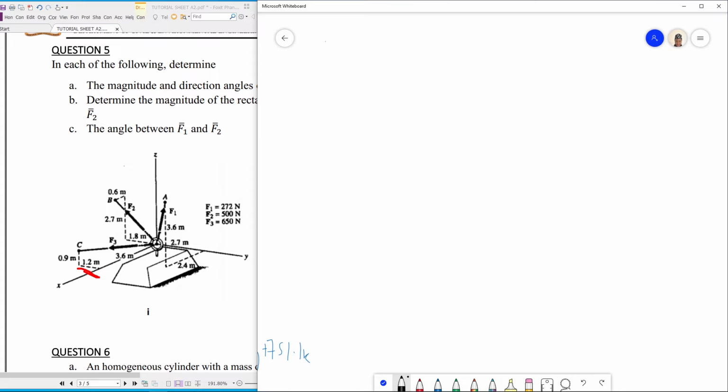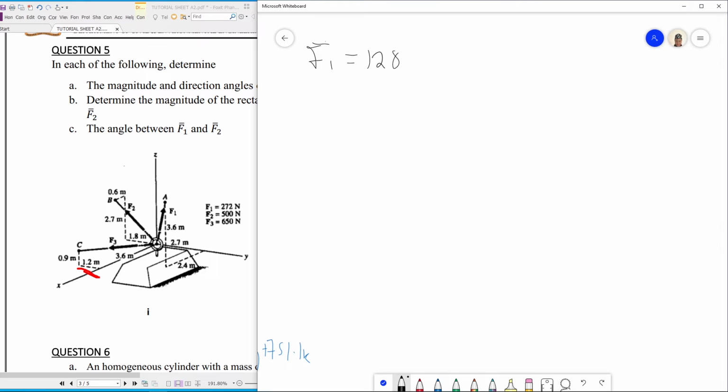F1 as a vector is equal to 128 I plus 144 J plus 192 K. Awesome.